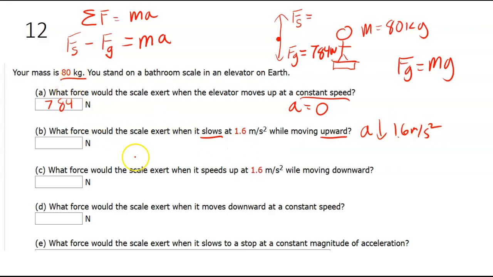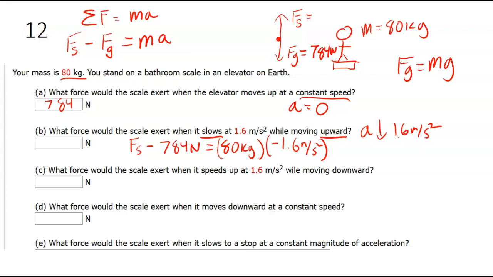So that equation I have up here is going to say the force of the scale minus 784 newtons is equal to 80 kilograms times a downward acceleration. So I'll say negative 1.6 meters per second squared.